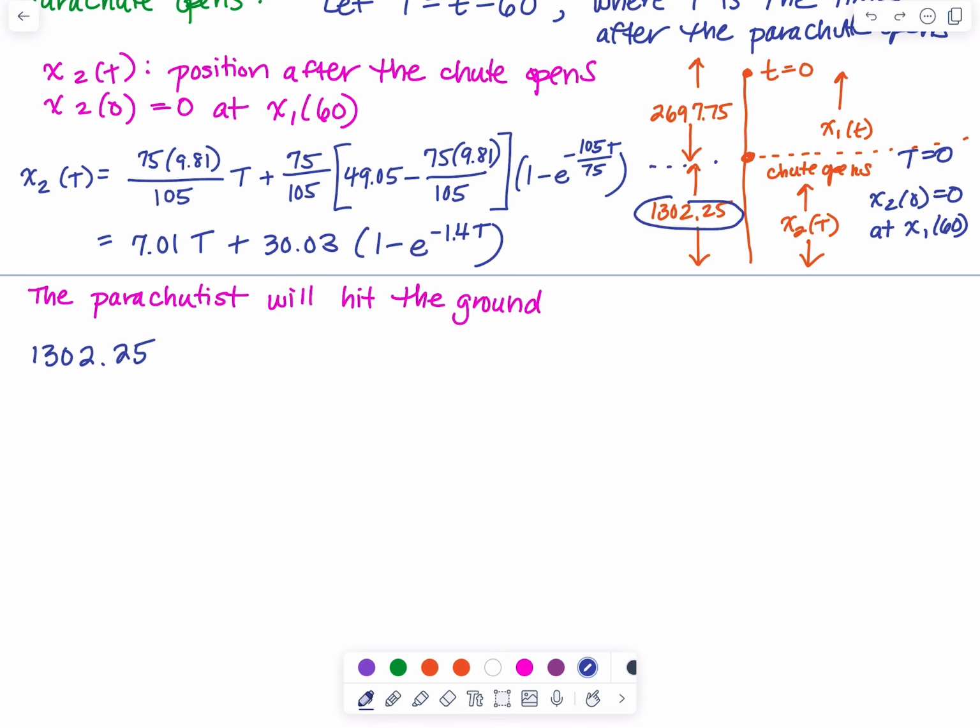So how long does it take to travel that distance?